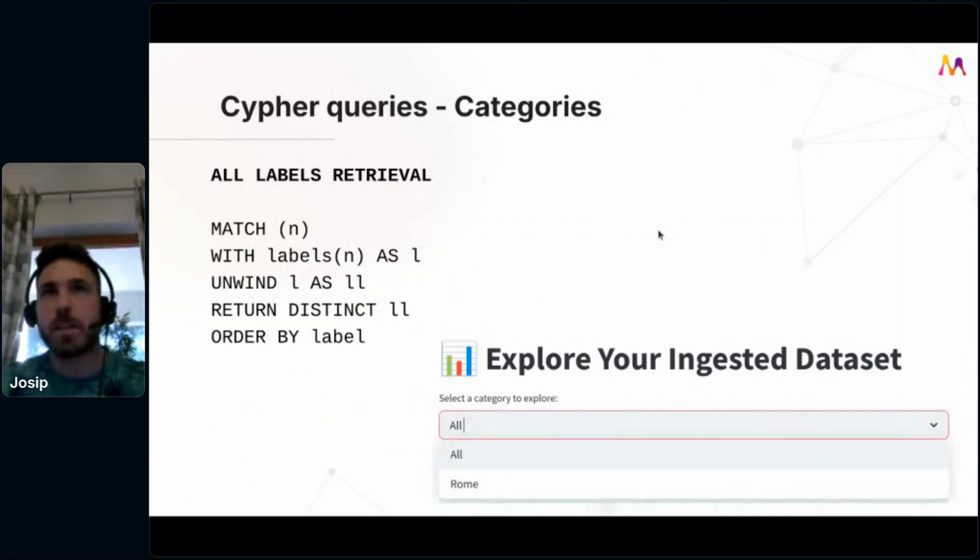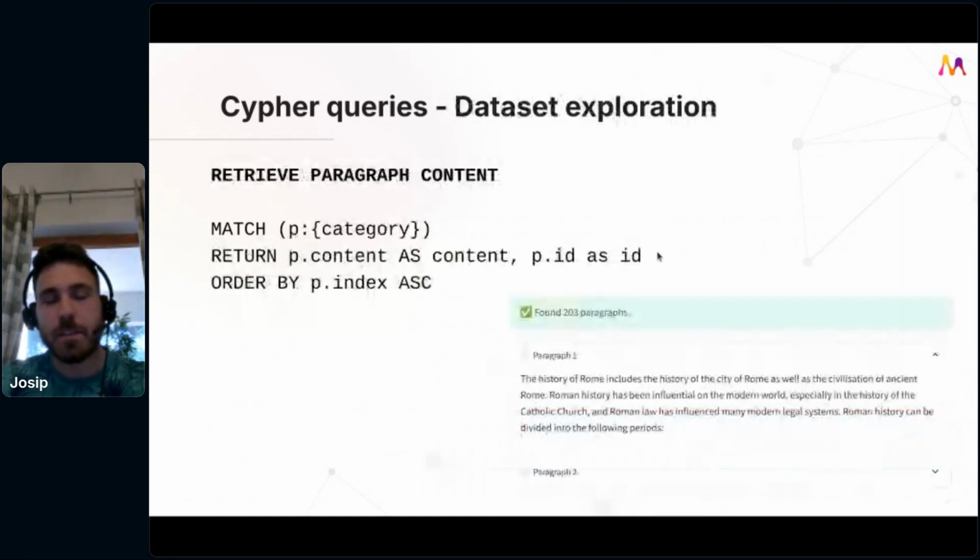Procedures are targeted code, and they can be fine, but they're also an API and they have their inputs and stuff like that. So they're not as expressive as Cypher as a declarative language. Yeah, the all labels retrieval I use for selecting the categories. Then we have the dataset exploration where we just match the paragraphs and then we return the content.